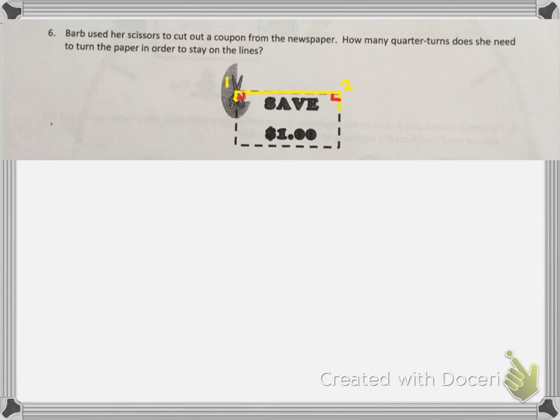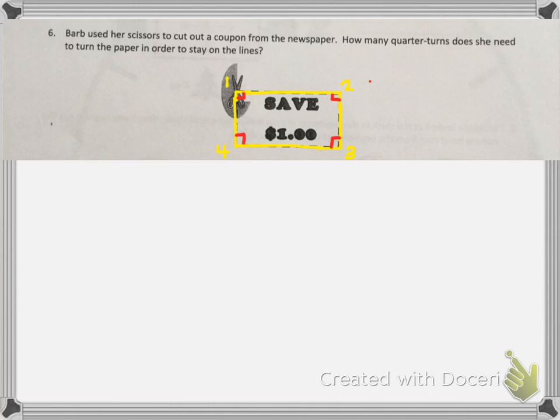Okay, let's keep going. Cut, cut, cut. Got to turn. There's another quarter turn, another 90 degrees. All right, cut, cut, cut. It's got to turn. She turned another 90 degrees. That's 3, oops, that's not 3 turns. That is 4 turns. And now she can finish.